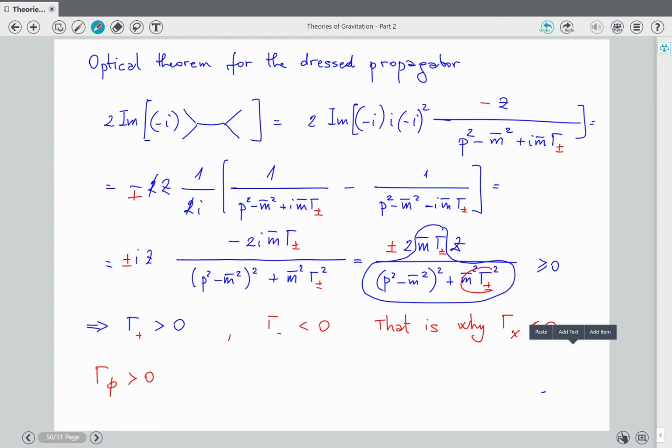And that plus or minus cancels this plus or minus. And so in total you will always have a plus. There is a z, there is a 2, not sure if the 2 should be there.